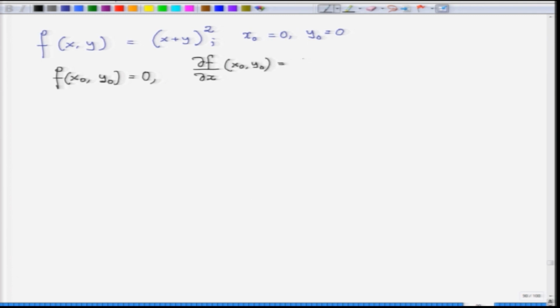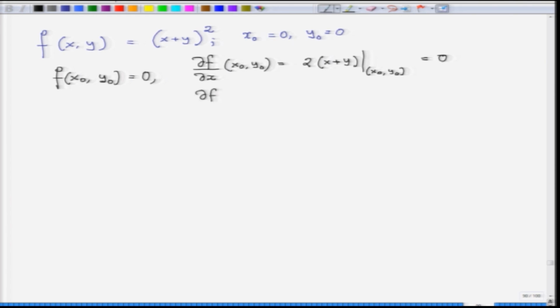Del f del x is 2 of x plus y, evaluated at x naught y naught, that is 0.